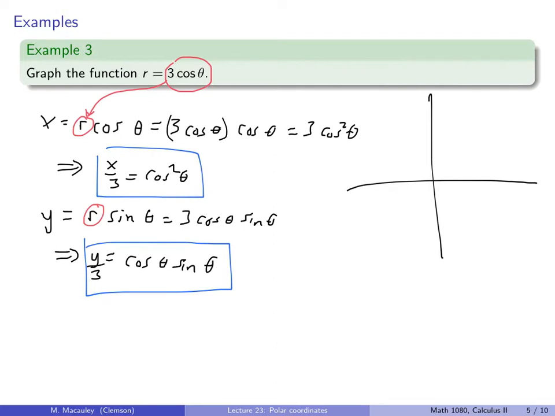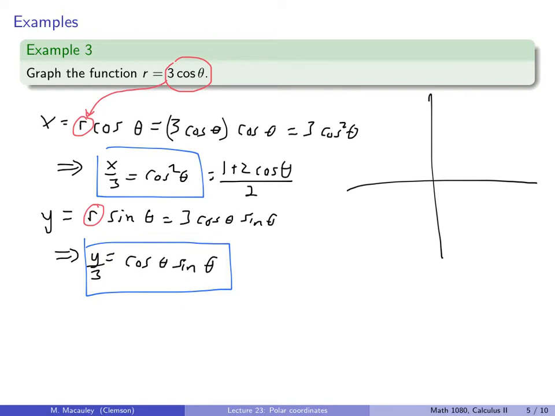Okay, so what should we do? Let's start with the x one first. Let's write this as 1 plus 2 cosine theta. Maybe not the first thing you would try, but I've done this before. I know what's coming. So let's use our double angle formula.